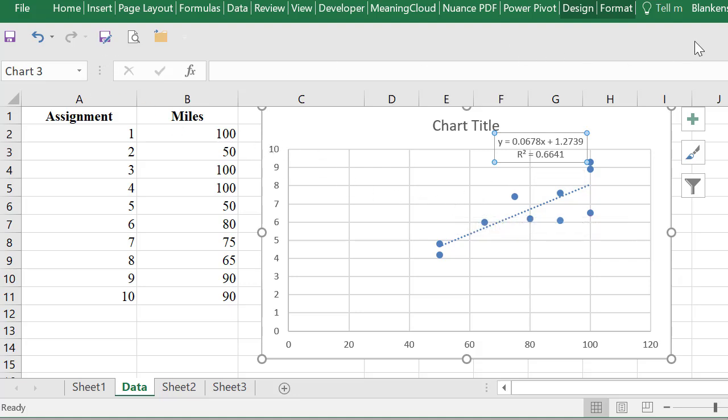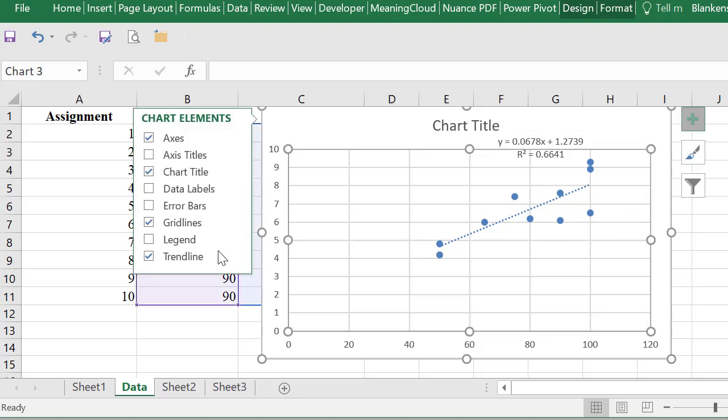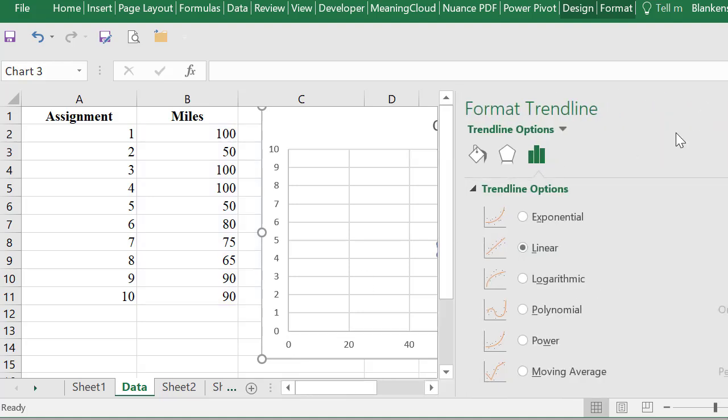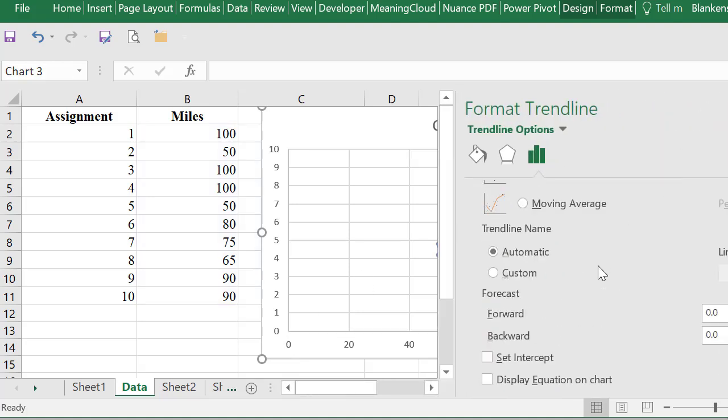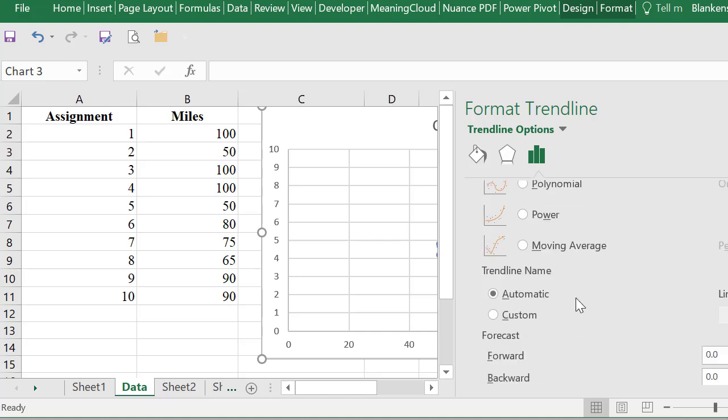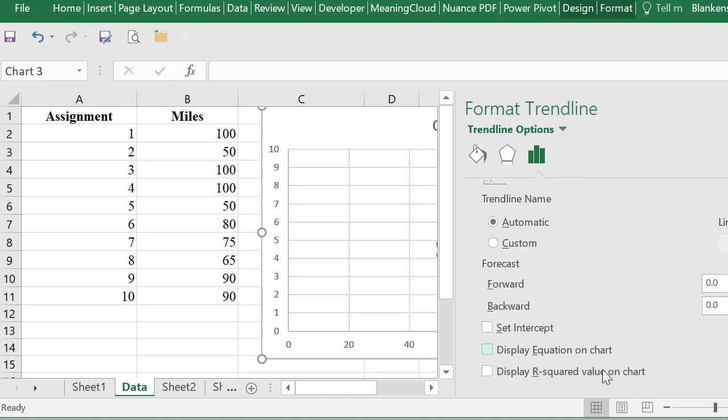And remember, we got to that when I clicked on this little plus sign here. I went to trend lines, expanded that out, went to more options, and when I scroll down here, I can click that right here to display our value on the chart.